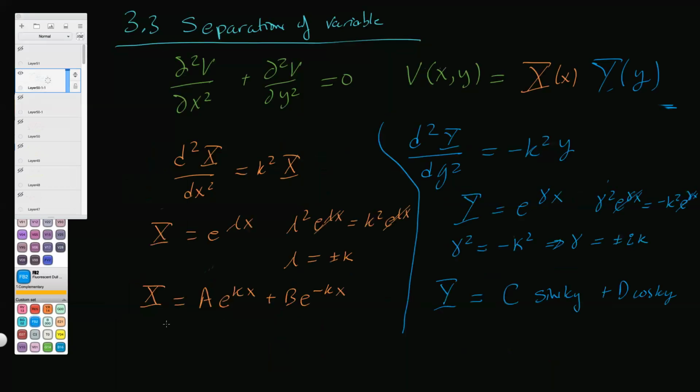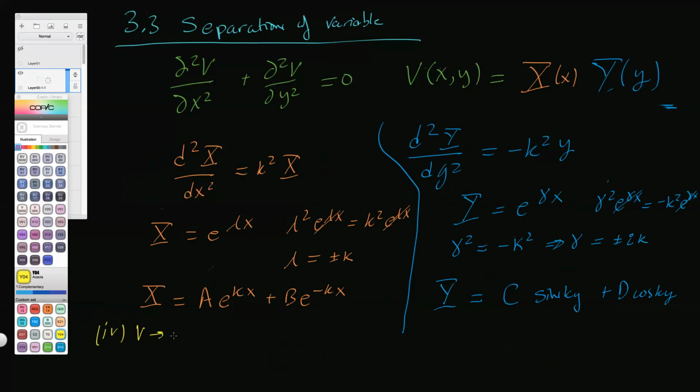So for boundary condition 3, or 4, we know that V has to go to 0 as X goes to infinity. What does that tell me about the solution for big X?